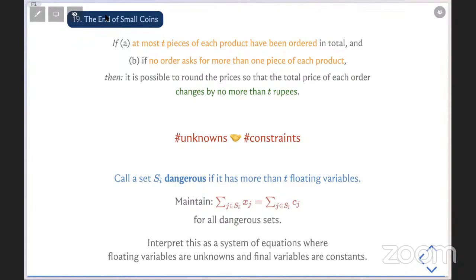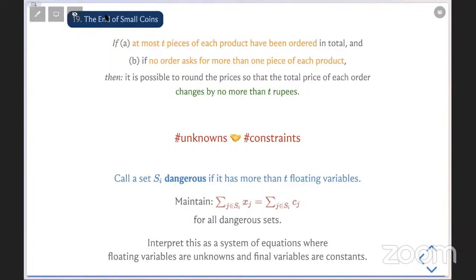Yes, exactly. I think Joel has said exactly what I wanted to say. In the beginning, we know that the number of products is more than the number of large sets. We have already reasoned that the intuition is that products don't appear too frequently. So if you have a lot of large sets or dangerous sets, then you do need a lot of products to be able to account for them. That's what's happening here too.